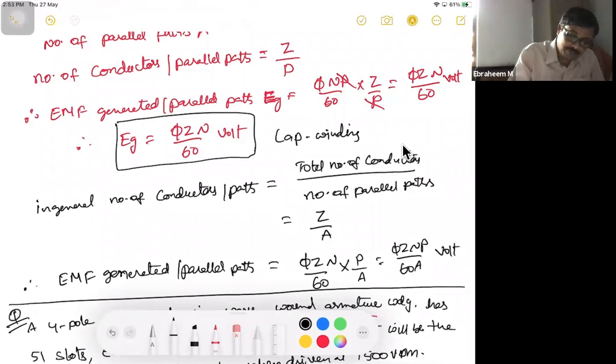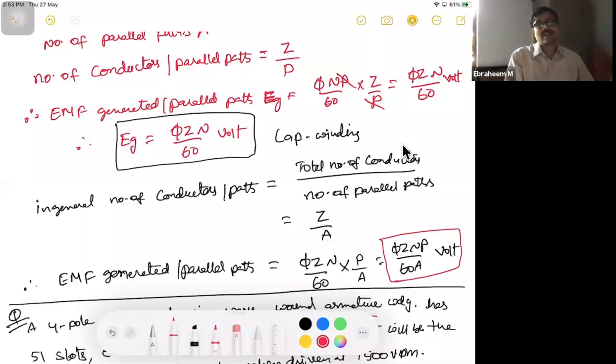This is the most common formula. It can be applied for wave winding as well as lap winding. Phi Z N P by 60A is the formula for the EMF generated by a generator, right?